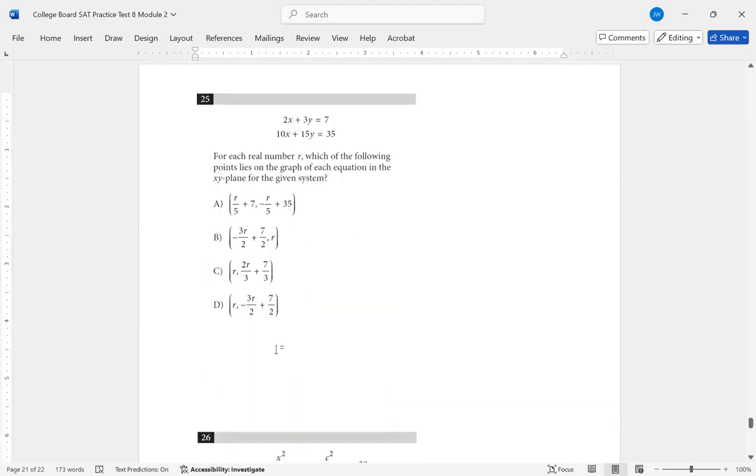Question 25. For each real number r, which of the following points lies on the graph of each equation in the xy plane for the given system? Now, this system is a pair of linear equations, but you'll notice that the second equation is just the result of taking the first equation and multiplying by 5 on both sides.